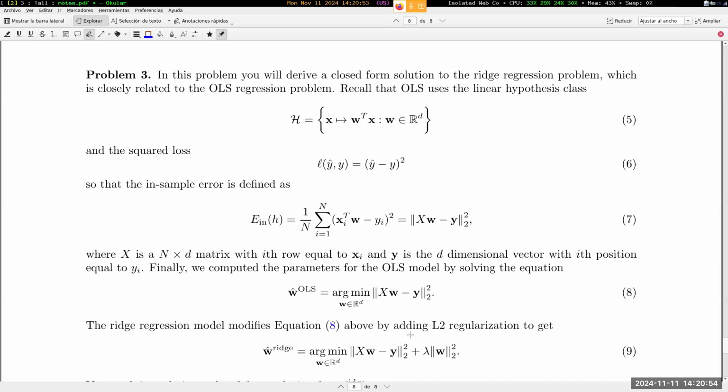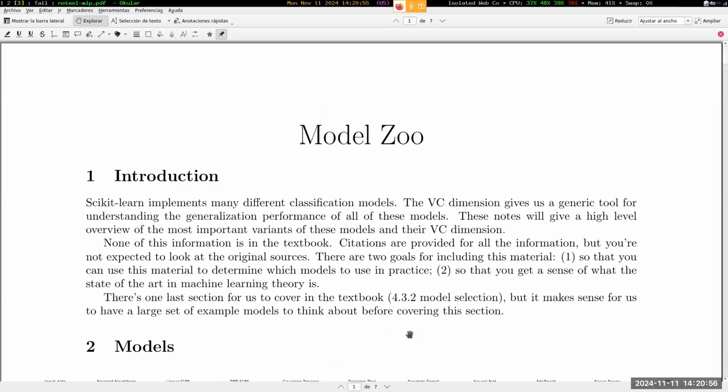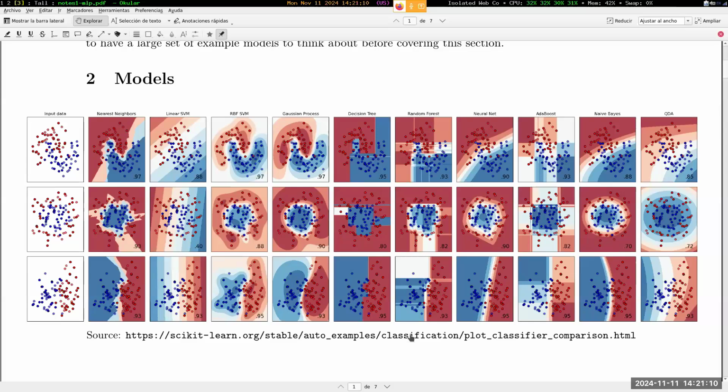Okay. Last few minutes of class today, we're gonna start talking about this model zoo set of notes and give us some sense of direction for the last month or so of class here. So far, we've talked about a handful of tools that we have for adjusting the in-sample error versus the generalization error of our models.